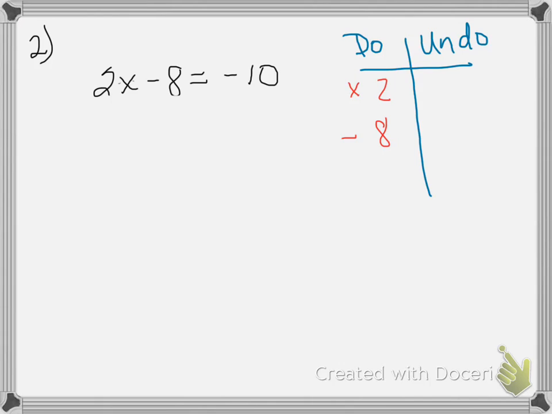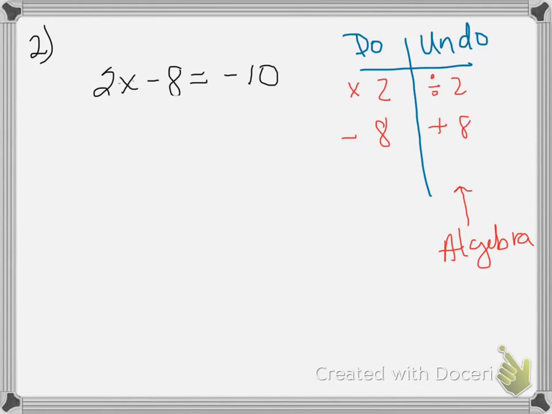So we're going to put subtract 8. As we discussed in class, we go in the opposite direction. So instead of multiply by 2, we're going to divide by 2, and instead of minus 8, we're going to add 8. Remember, in algebra we do the opposite and we go backwards.